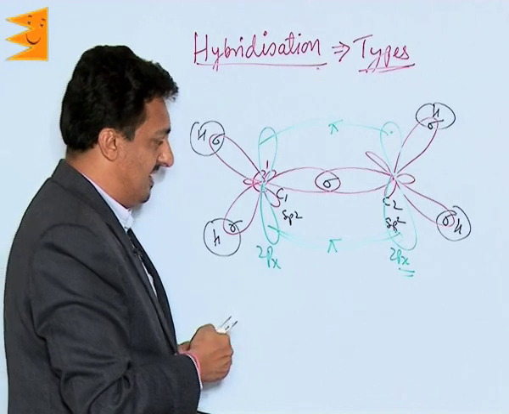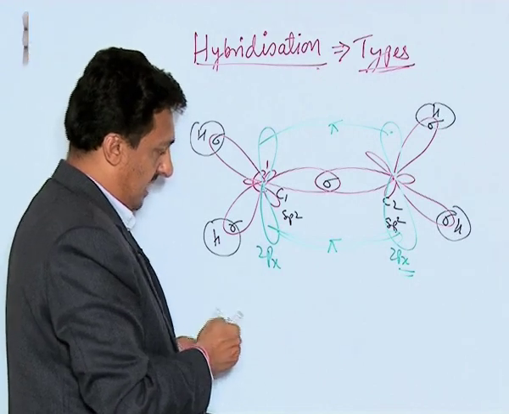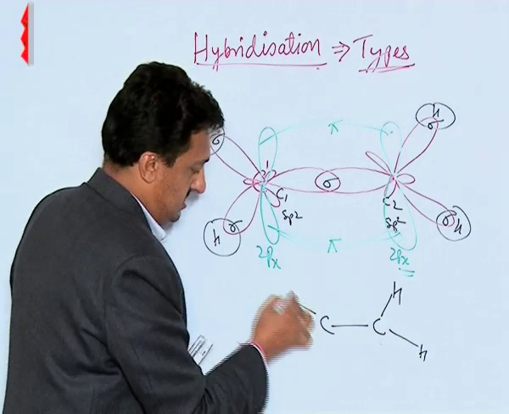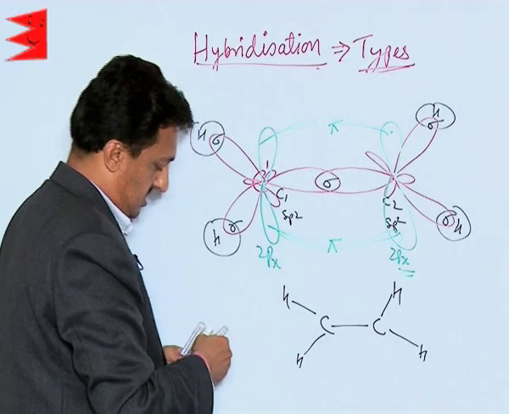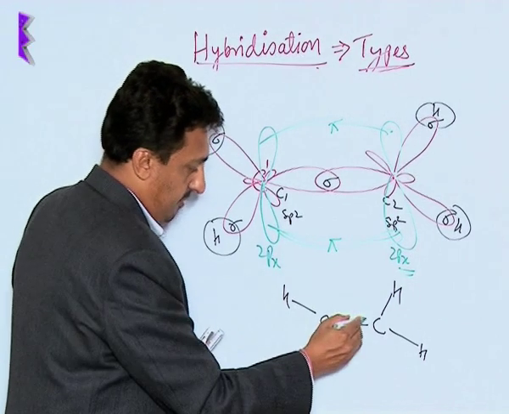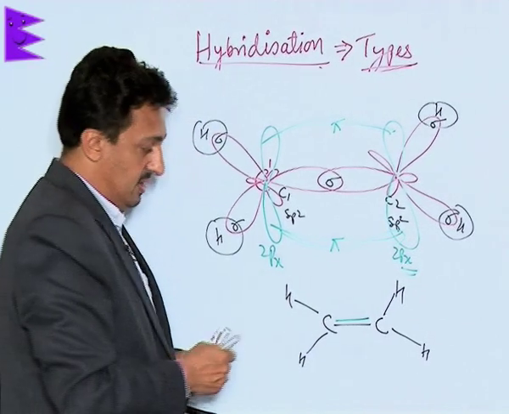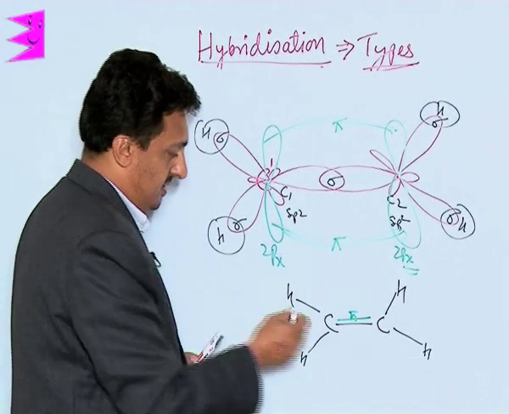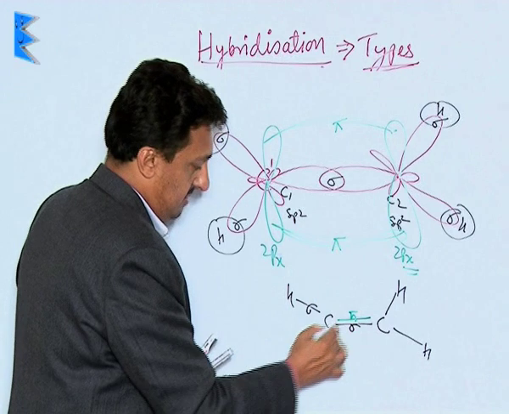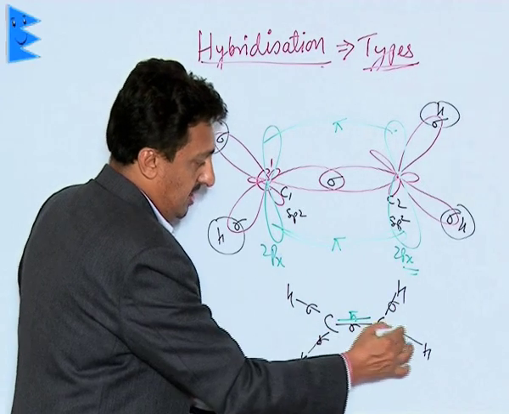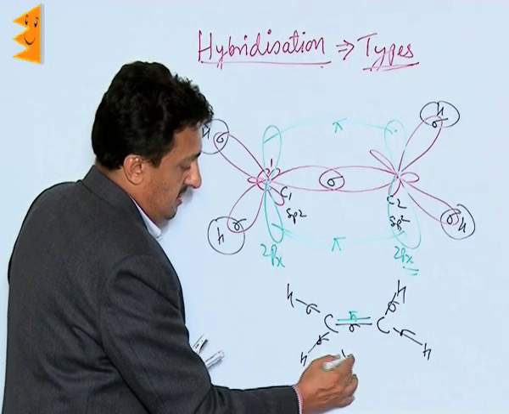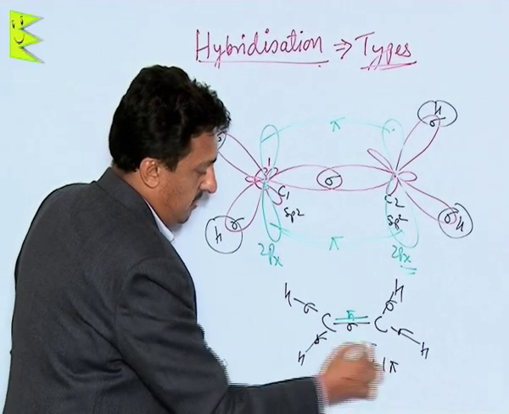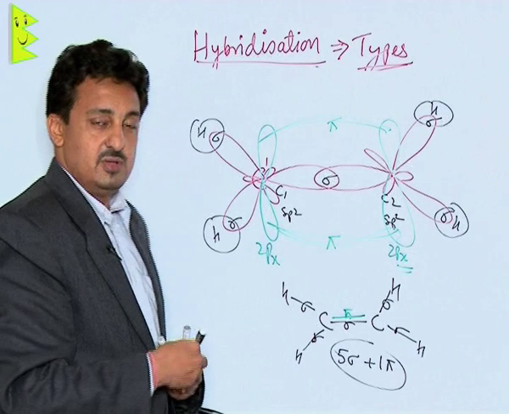So it is represented like this, like this is C, H, H, H and H. So there is another bond, this one, the green one. The green one is your pi bond and your black ones are all sigma bonds. So this molecule has 5 sigma plus 1 pi total number of bonds.